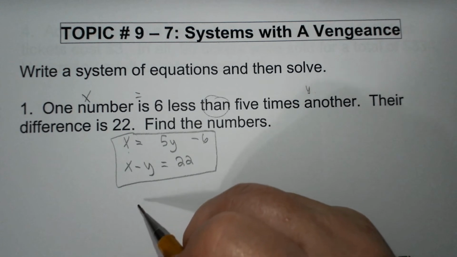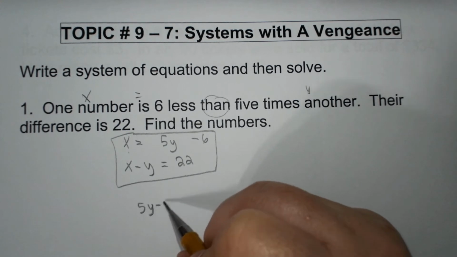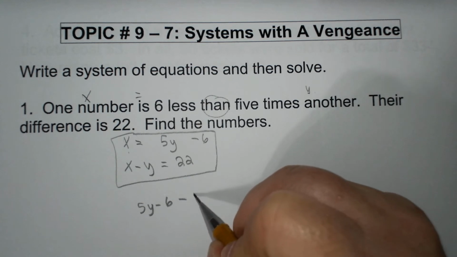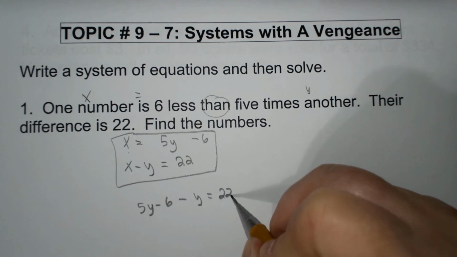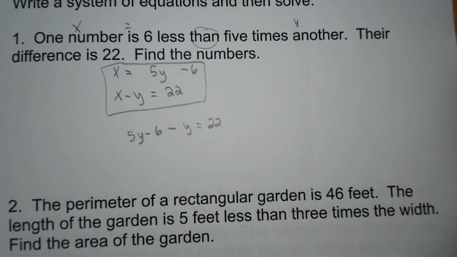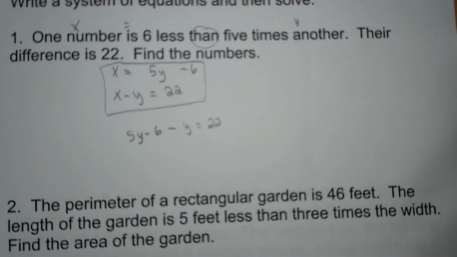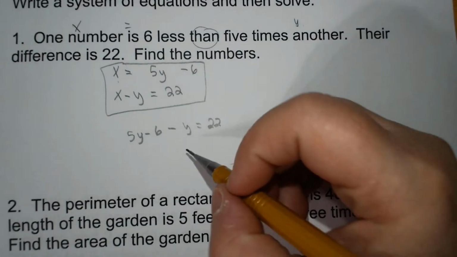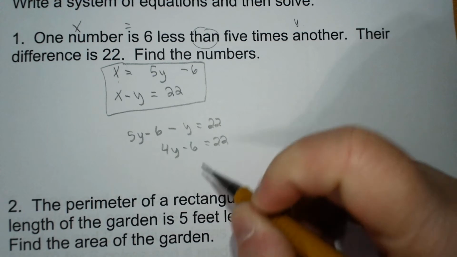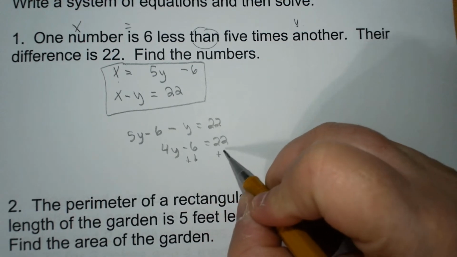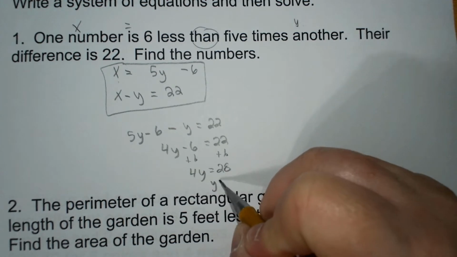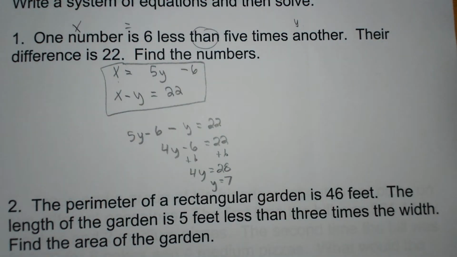And I do substitution, so 5y minus 6 minus y equals 22. Four y minus 6 equals 22. Add 6, 4y equals 28, y equals 7.